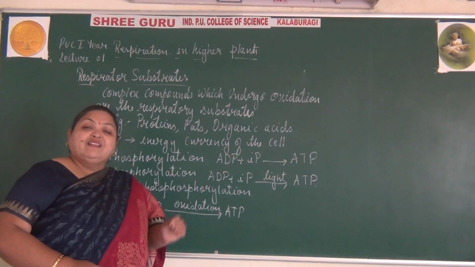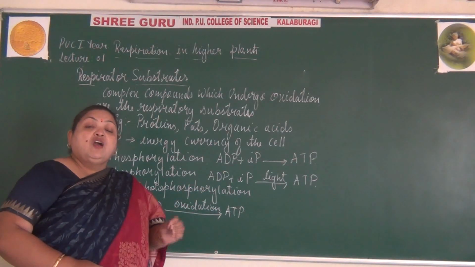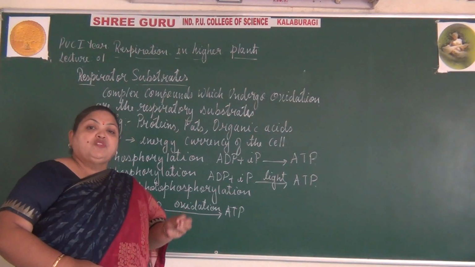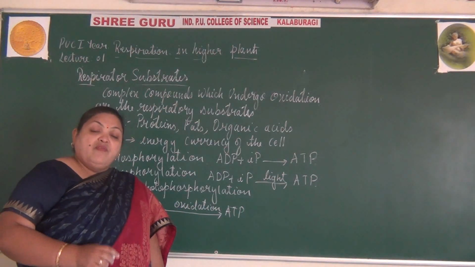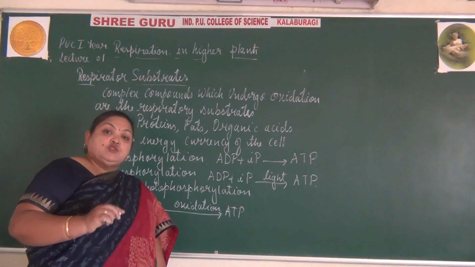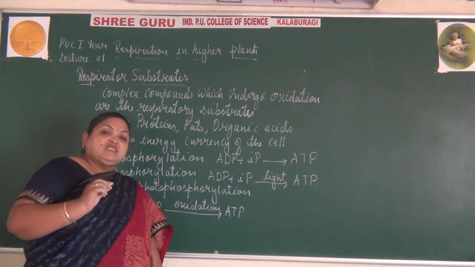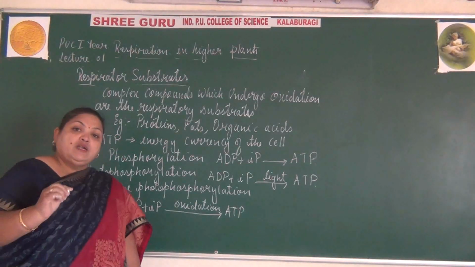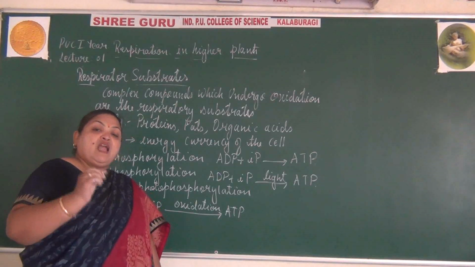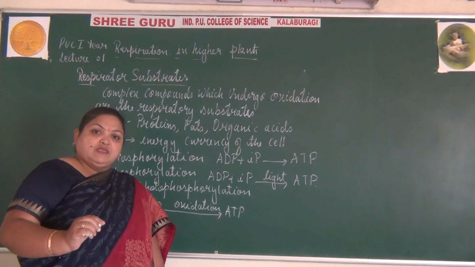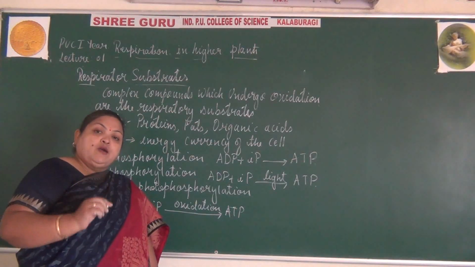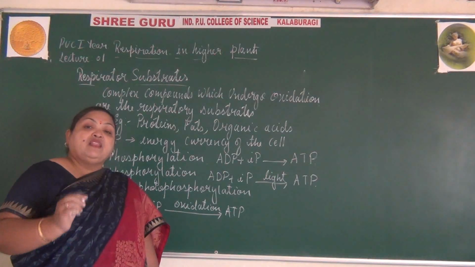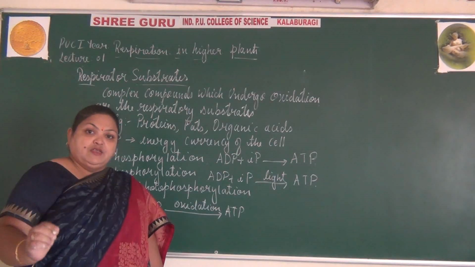So respiration is a complex process. It is a complete breakdown of the glucose molecule, where the hexose sugar, a 6-carbon compound, is broken down stepwise into simple components. As it is broken down into simple components, lastly it helps in the release of energy.